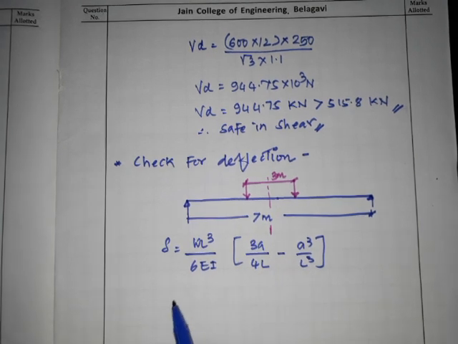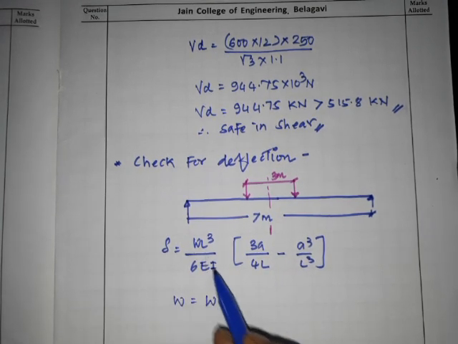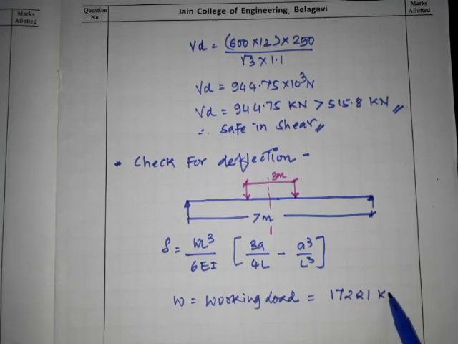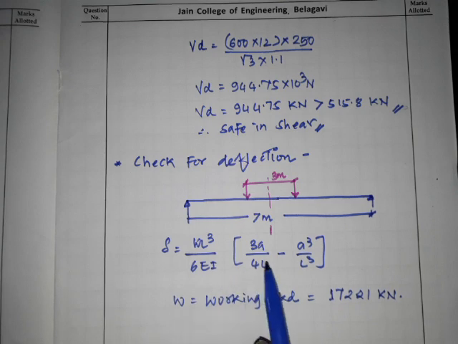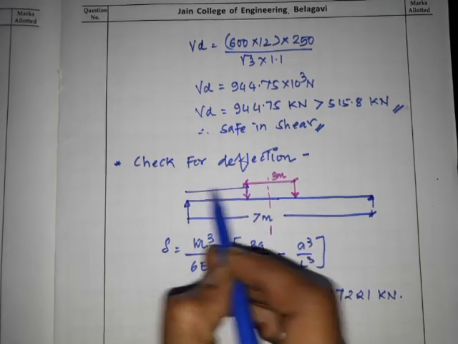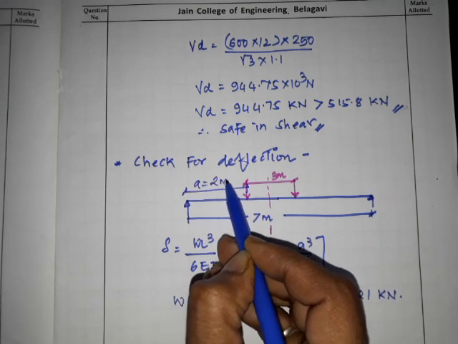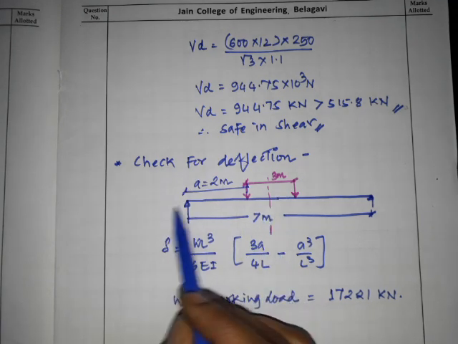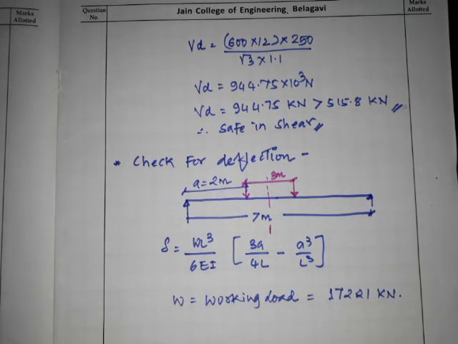So here W is the working load, that is 172.21 kilonewton. Already we have calculated it without factor of safety. Okay, so we will substitute here, and the distance a is nothing but this distance. So a will be 2 meter, because 3.5 minus 1.5 we get 2 meter.